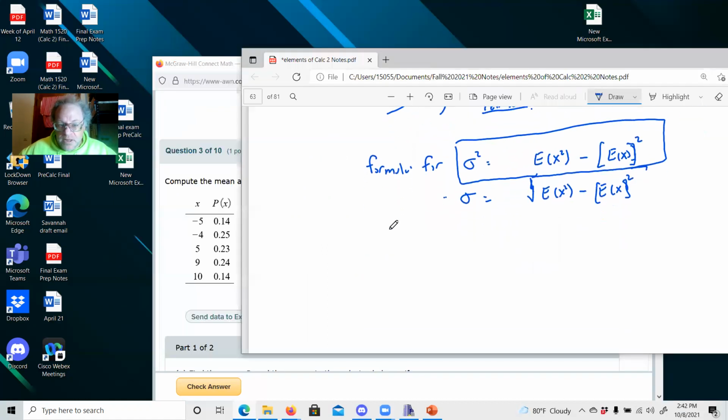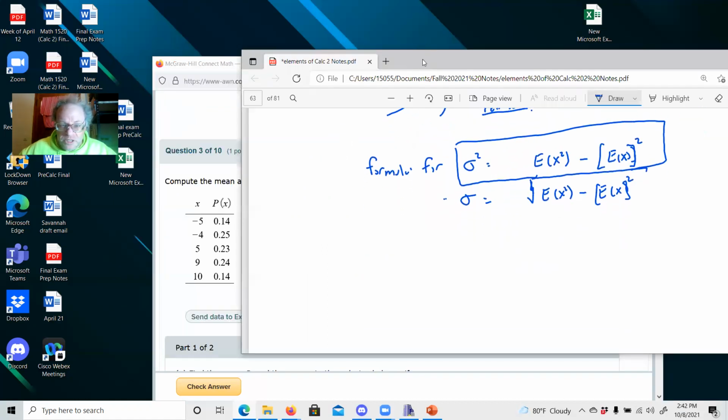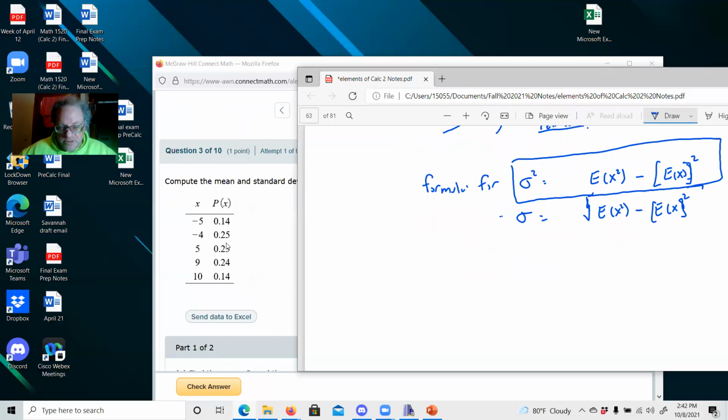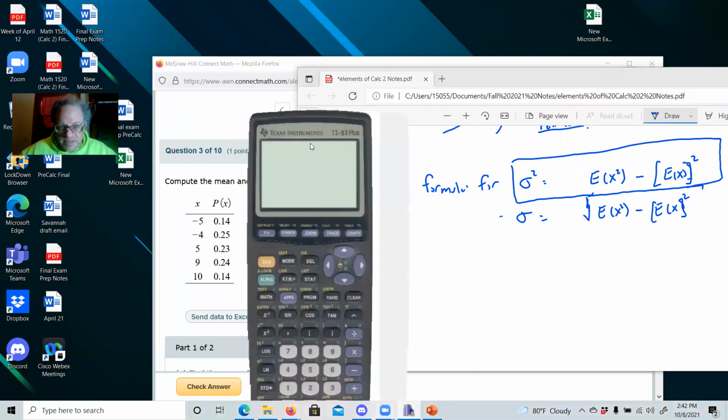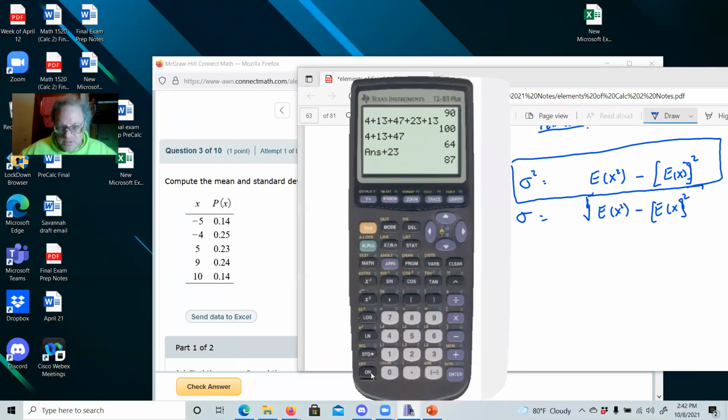All right, so here is our distribution. I'm going to assume it's a distribution. We could check, but we probably should, just to make sure that we're all honest here. 14 plus 25 plus 23 plus 24 plus 14 equals, okay, great, 100.